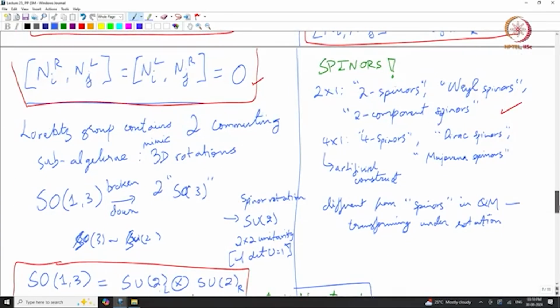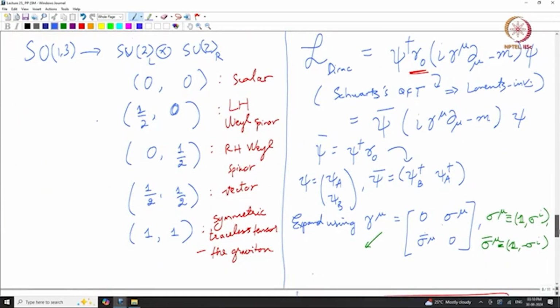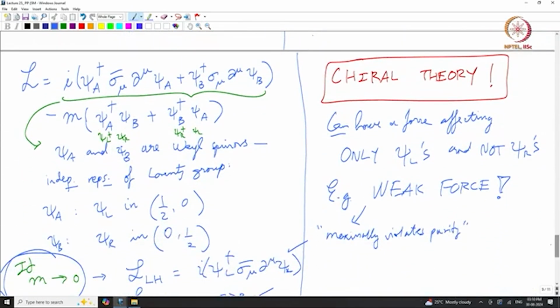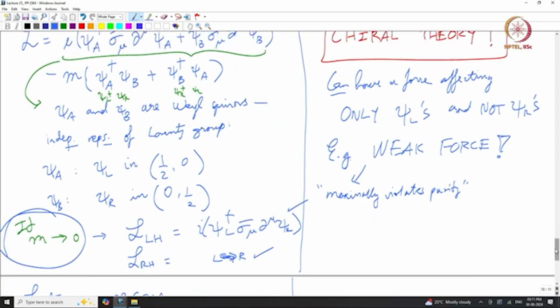And this is something that we saw by also breaking down the Dirac Lagrangian into two component spinors, and we saw that the kinetic terms came independently, right, as far as the left handed and right handed spinors are concerned, and it was only the mass term that paired a left handed field with a right handed field and vice versa.